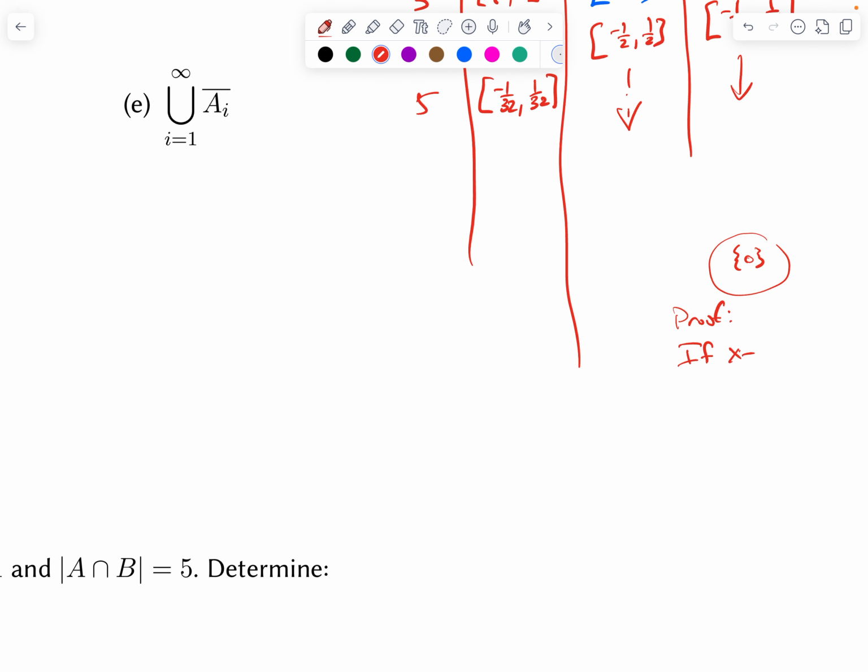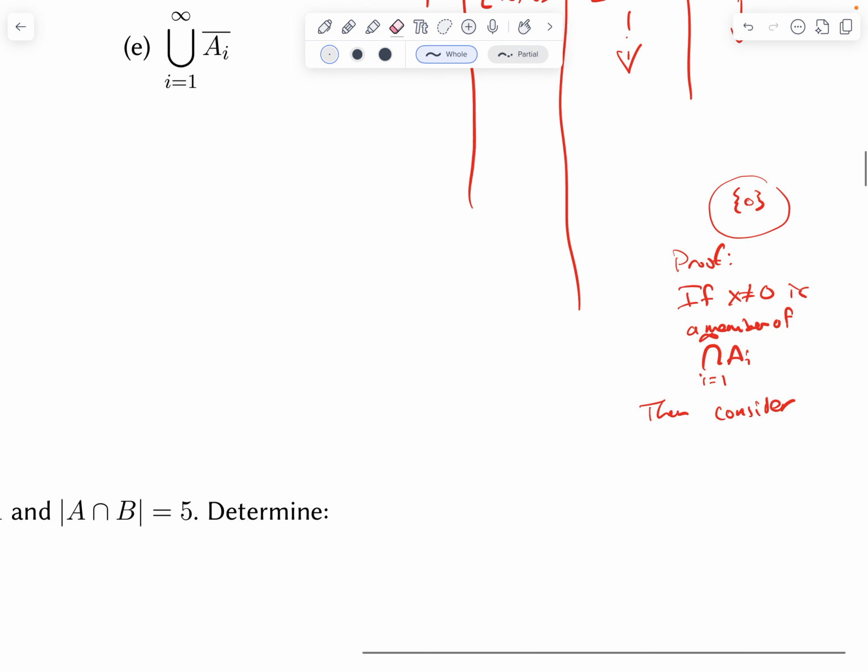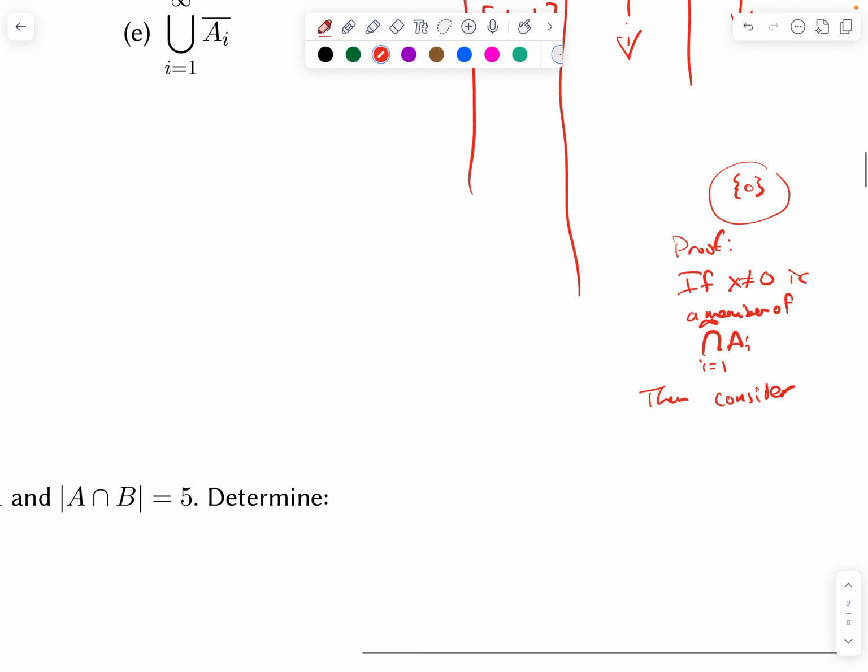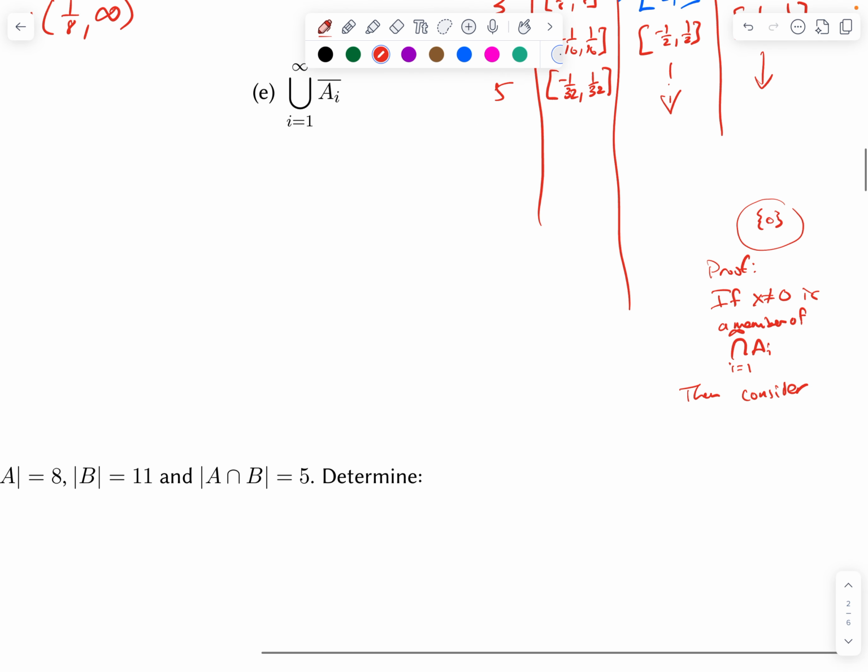If x, which is not equal to 0, is a member of the intersection, then consider, let's see, what do we need to do? How about the log base 2 of x?